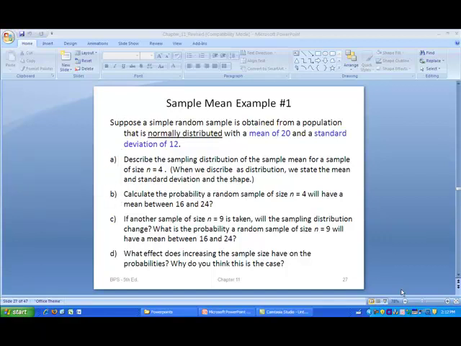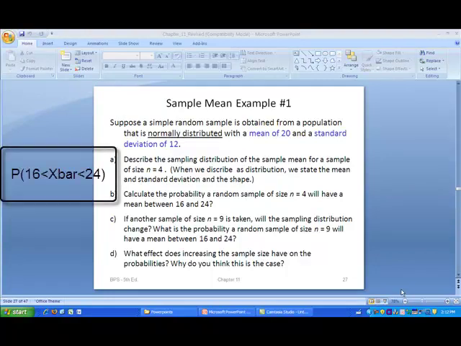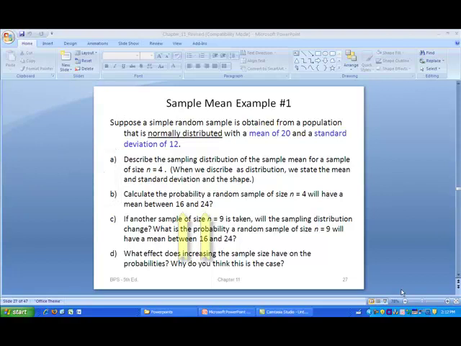So now if you want to calculate the probability that a random sample of size 4 will have a mean between 16 and 24, we would write that up, the probability that x bar is between 16 and 24. And we'd go on and solve that. So I'd first have to standardize 16 and 24 with the mean and standard deviation of the sampling distribution.